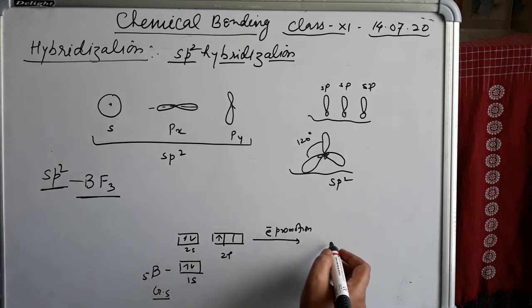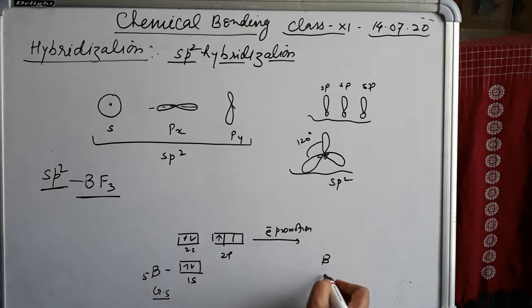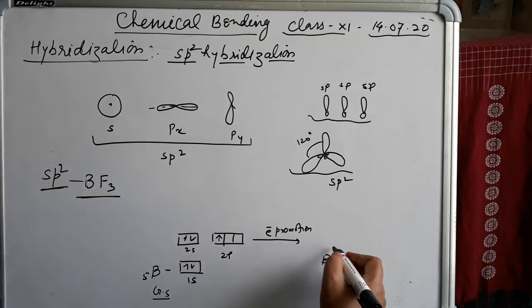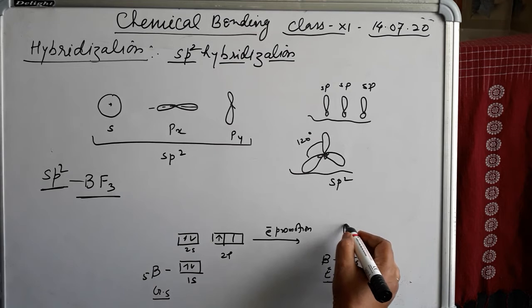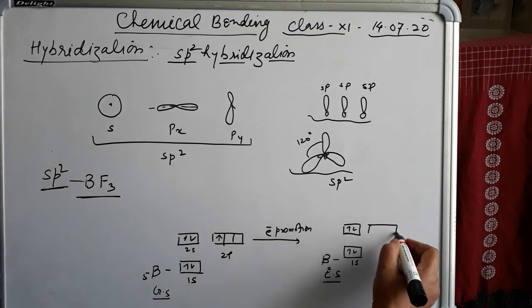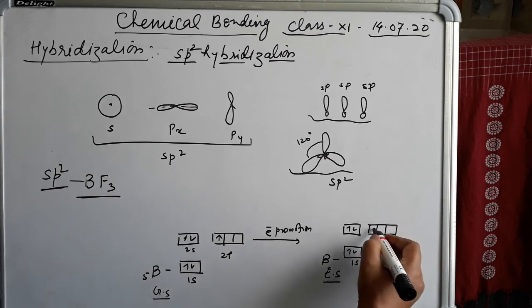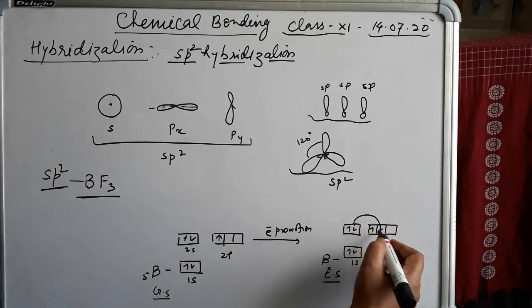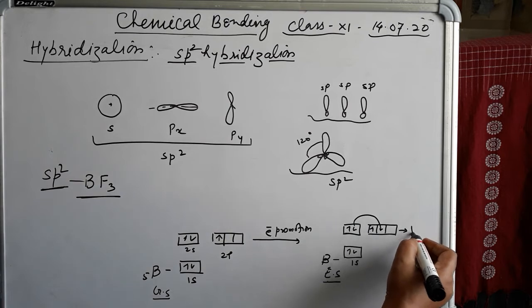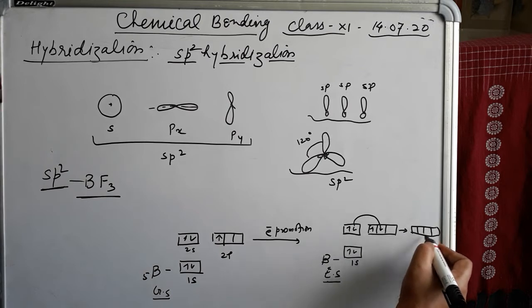When promotion takes place, the boron in the excited state has the configuration 1s2, 2s2 and 2p. In the excited state, this electron goes to this orbital.